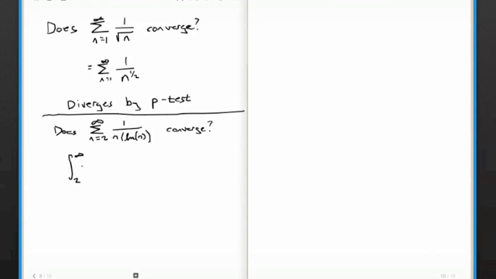I'm going to rewrite this as 1 over the natural log of x times 1 over x dx. Right? Well, I could do a little u substitution here.